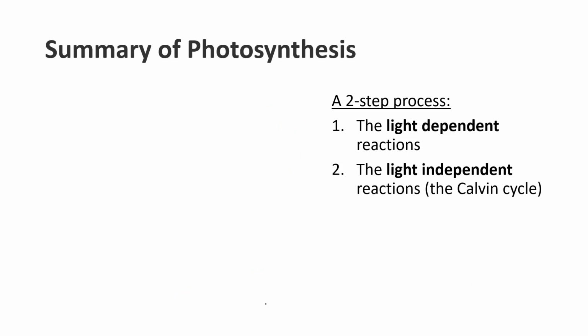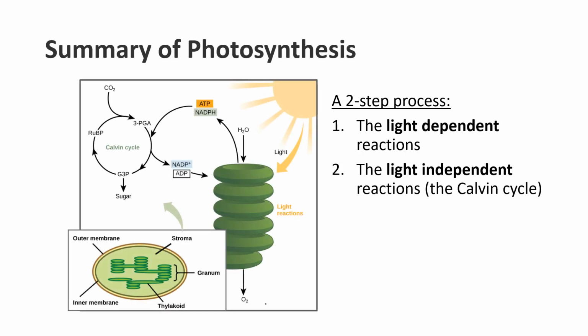So as I mentioned, photosynthesis really is a two-step process, where step one is the light reactions, and step two is the Calvin cycle, aka the light independent reactions.